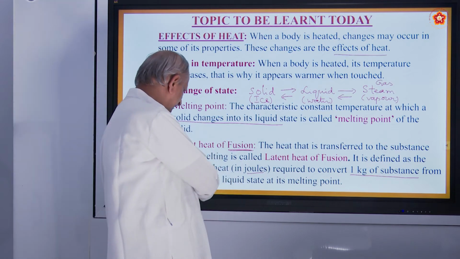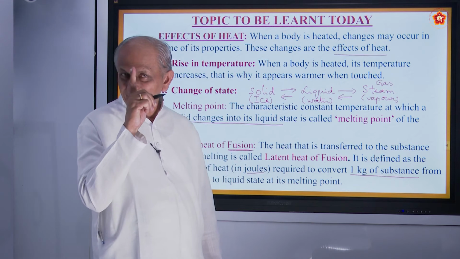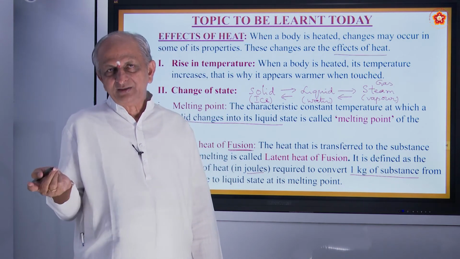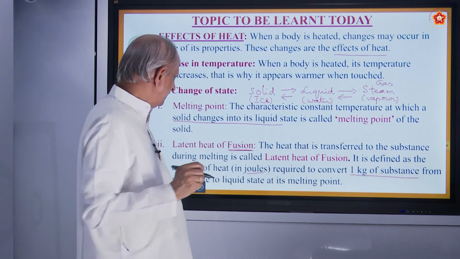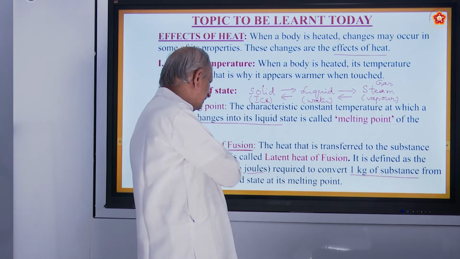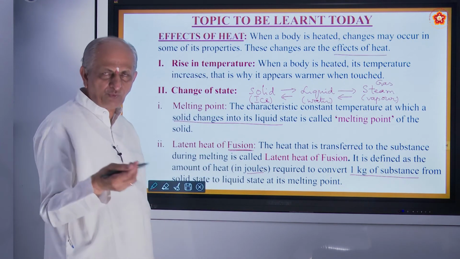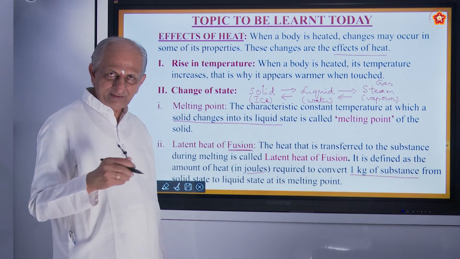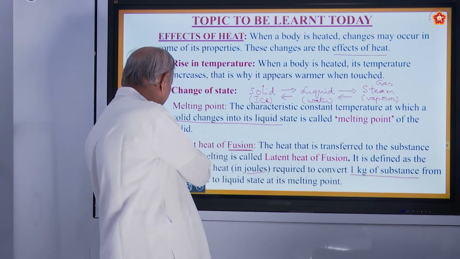For example, if you take 1 kg of ice and heat it to become water, what is the amount of energy that is required? That is called the latent heat of fusion of ice. It may be true for other substances also. No need of only ice, no? Some other solids also, but this is called latent heat.